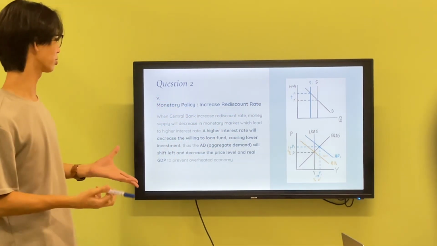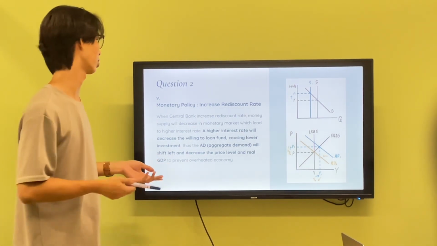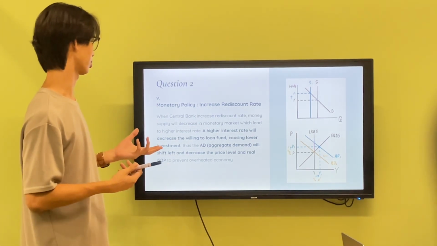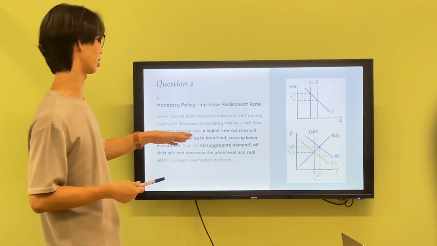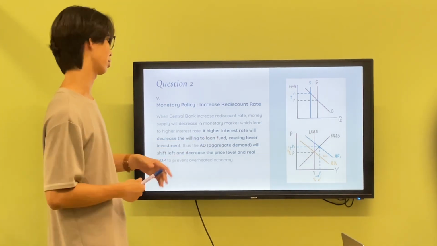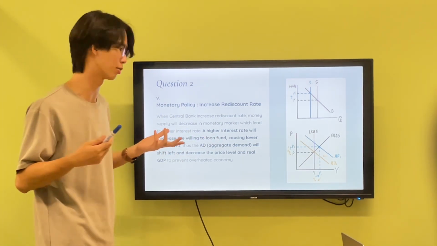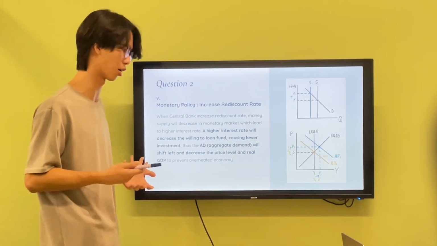When the interest rate goes up, this will decrease the demand for loanable funds, and this will cause lower investment, which will decrease the aggregate demand. And aggregate demand shifts left, this will decrease the price level and the real GDP. So this will also prevent the overheated economy.